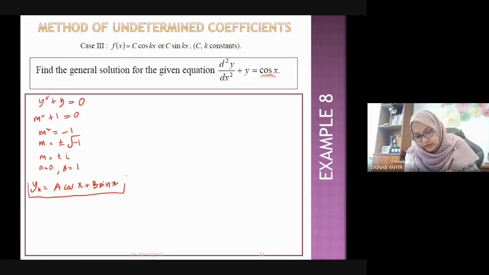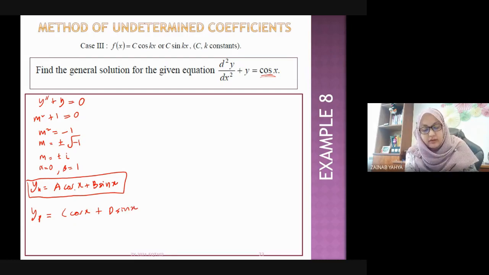This is yh, so what yp do you want to choose? yp will be C cos x plus D sin x. But you have cos x also in yh, so you need to multiply the whole thing by x.